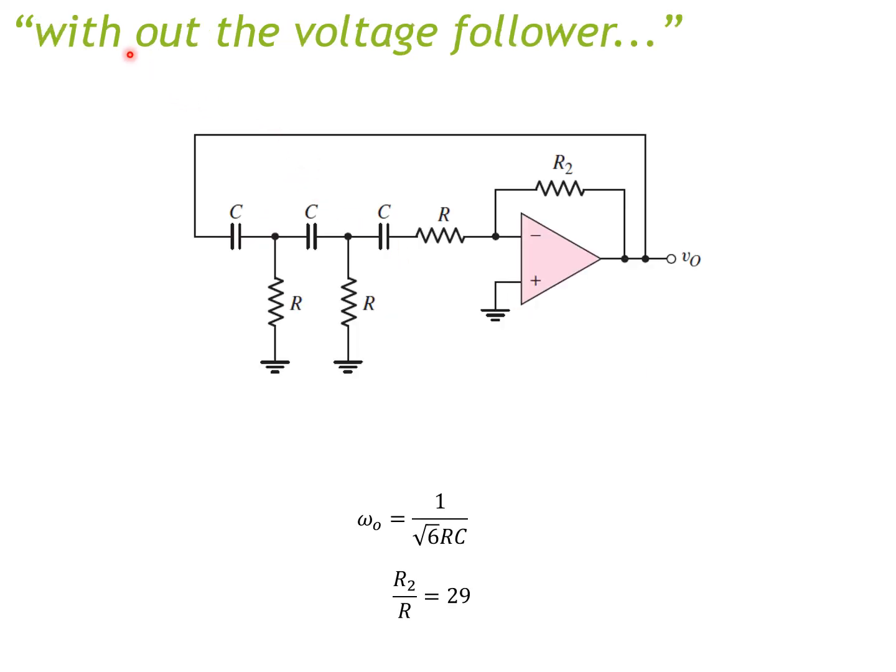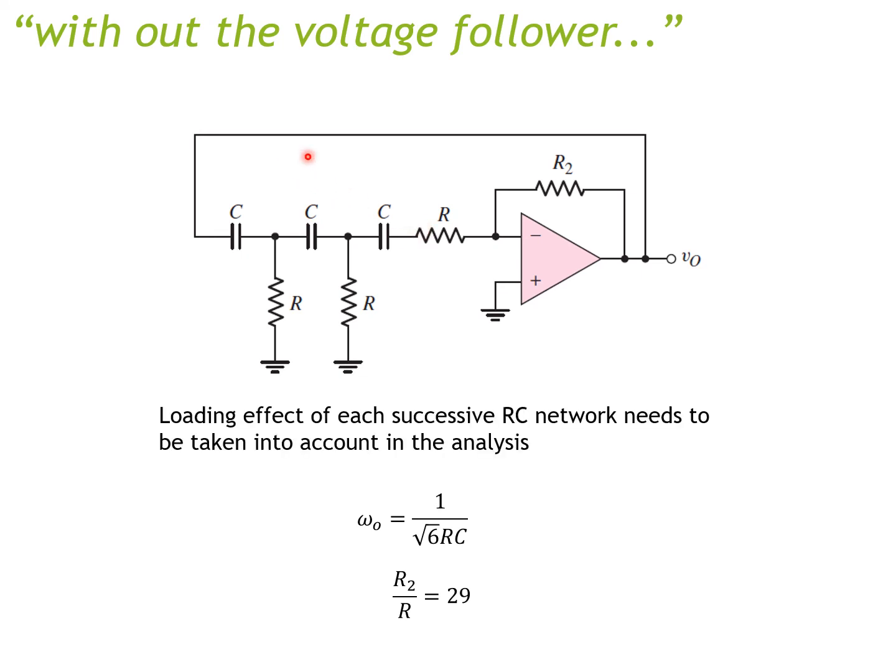So what happens if we get rid of one of the voltage followers? The obvious thing is that the loading effect of each successive RC network needs to be taken into account during the analysis. But let's make our job simple today.